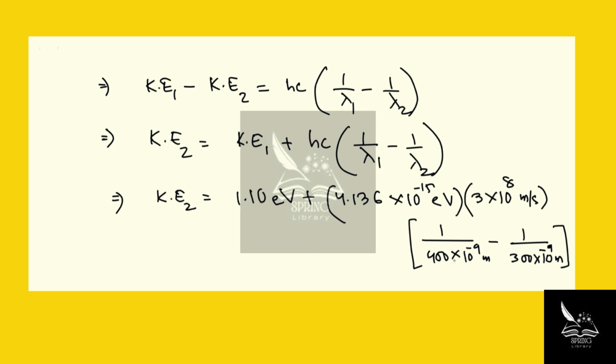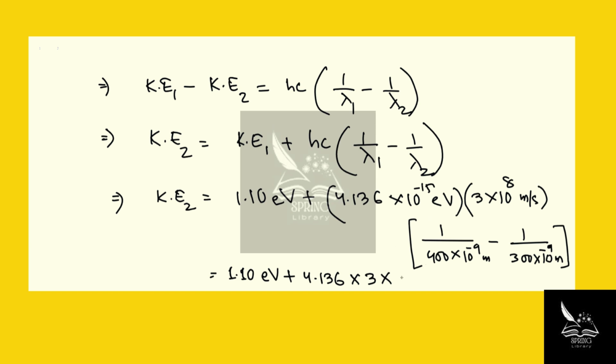So this equation can be simplified. Instead of directly using the calculator, you can first simplify this equation a little bit. So 4.136 times 3 times, we can take this power 9 out of the square bracket and use it on the part outside.